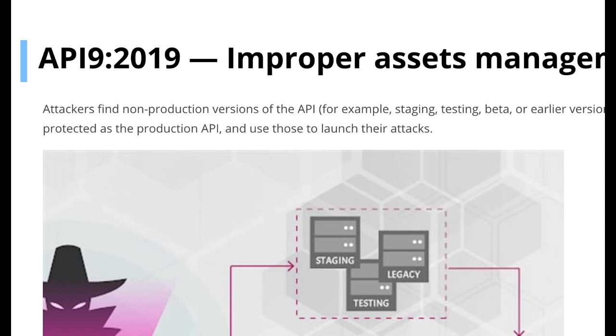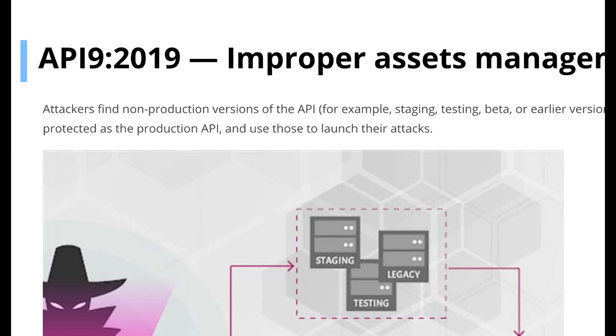So this is actually an interesting point. Number 9 is talking about how attackers will use improperly protected test, staging, and development versions to attack production.